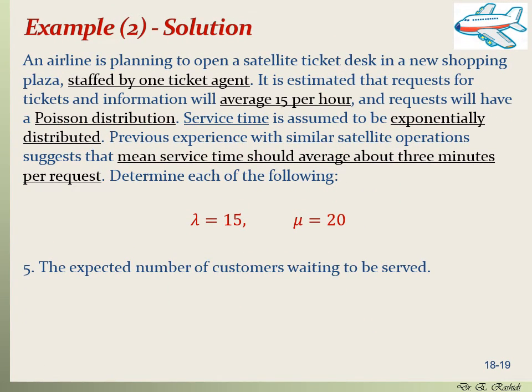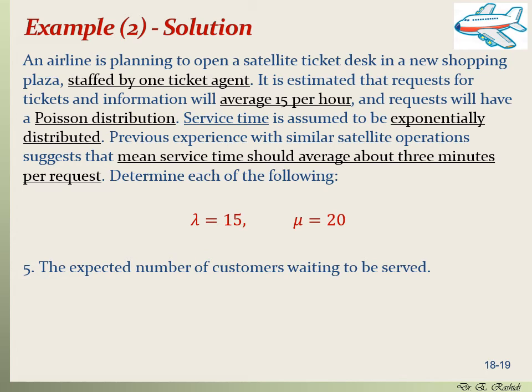The fifth part of the question asks for computing the expected number of customers waiting to be served. So please pause, find the solution, compute the expected number of customers, and then come back to see the solution. All right, so let's see the solution. Here we are asking for the expected number of customers waiting, not in the system, waiting.